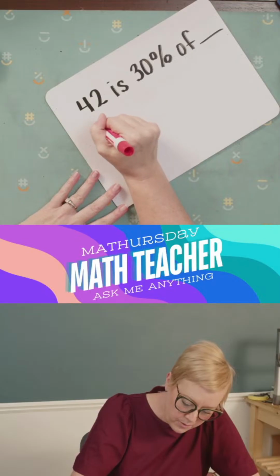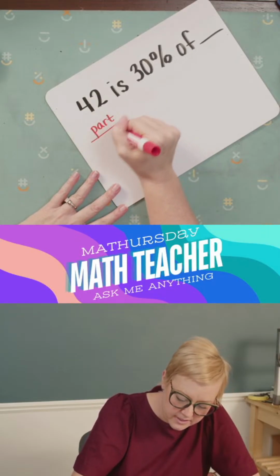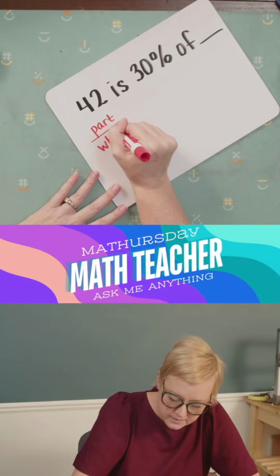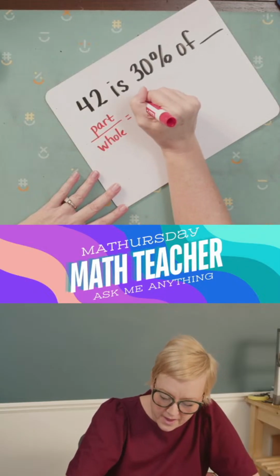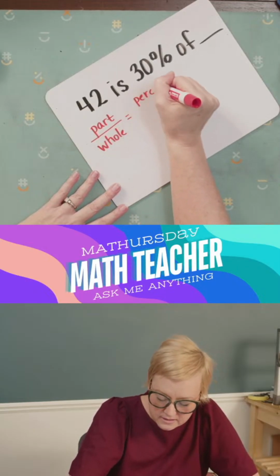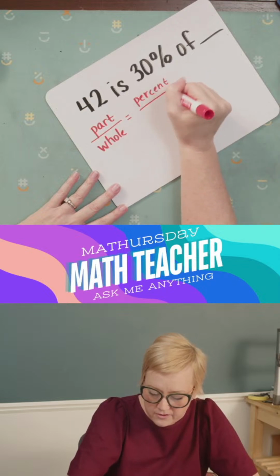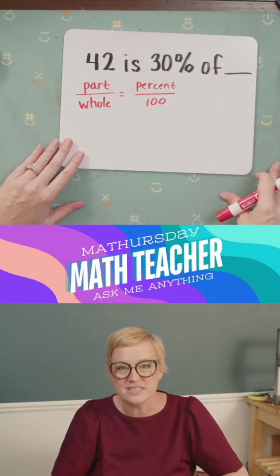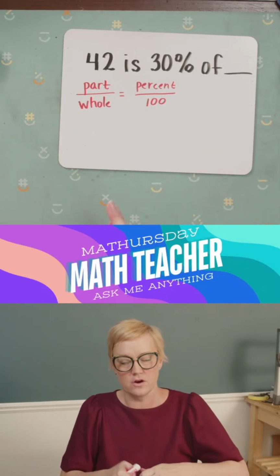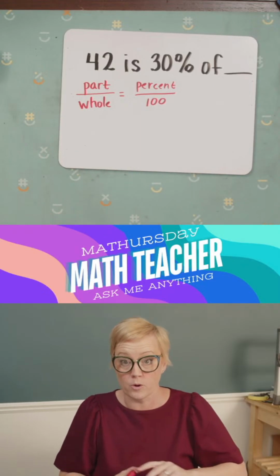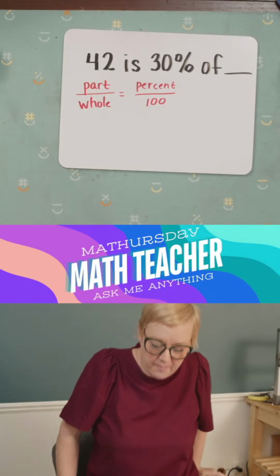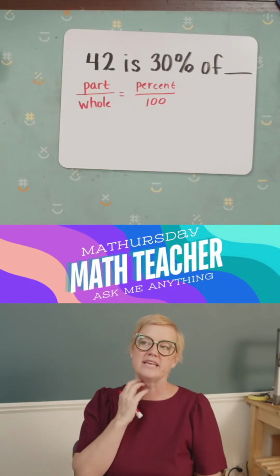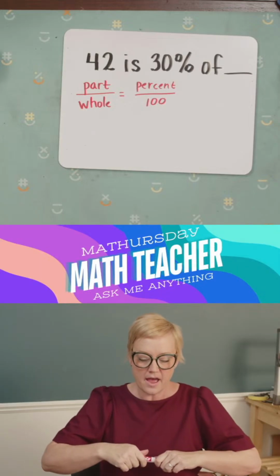So you have a proportion between the part and the whole, and that's going to equal the percent over 100. So a lot of students really like this because they've already worked through proportions and all of that. So they're comfortable setting those up. And also it just makes a really nice pattern for that.